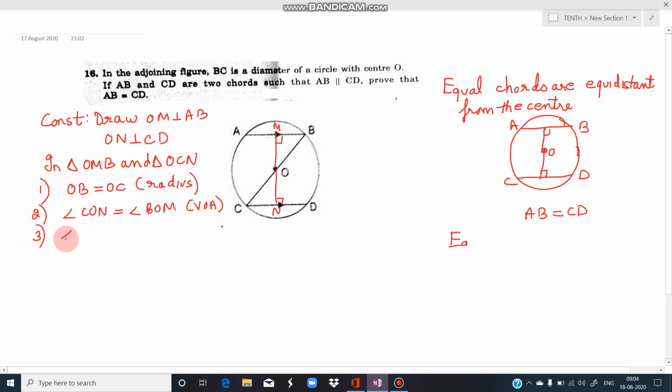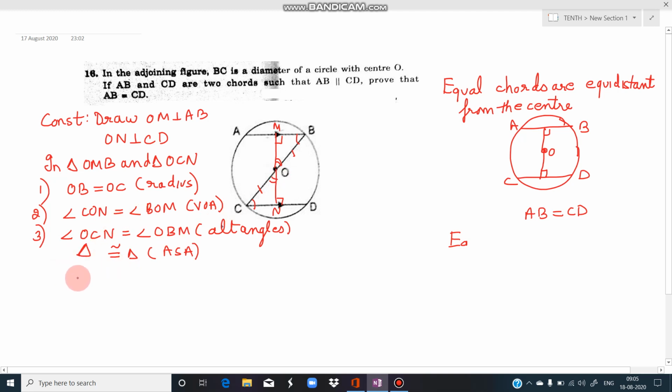Thirdly, angle OCN is equal to angle OBM because they are alternate angles. All of you know how to prove two triangles congruent. So we have proved this angle is equal to this. These two angles are vertically opposite and OC is equal to OB. So the two triangles are congruent by angle side angle. If I take the 90-degree angles, then it will be angle angle side. So any way you can take.